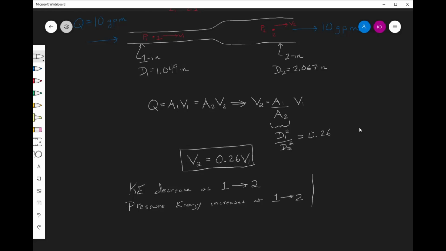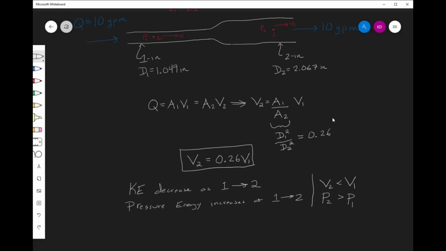In other words, we know that V2 is less than V1, and therefore P2 is going to be greater than P1. The pressure in pipe 2 will be larger than the pressure in pipe 1.